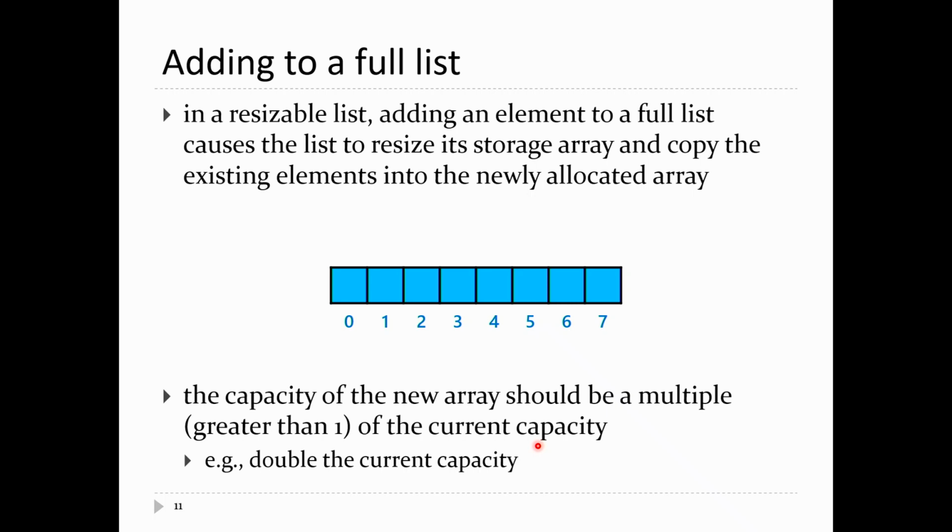If you do a complexity analysis of what happens in each of those cases, you'll quickly realize that you want to increase the capacity by a multiple of the current capacity. If you increase the array capacity by 1, or by a constant amount every time, then it turns out your add function has complexity big O(n), which you don't want in a list.